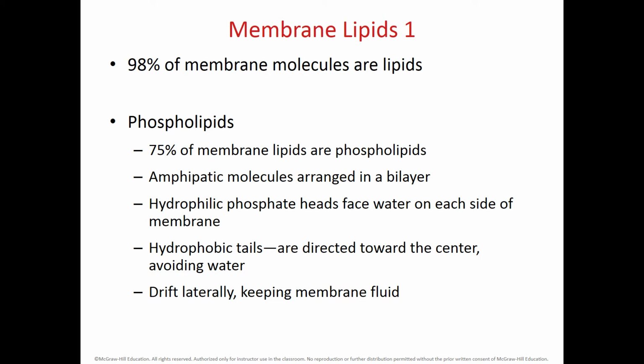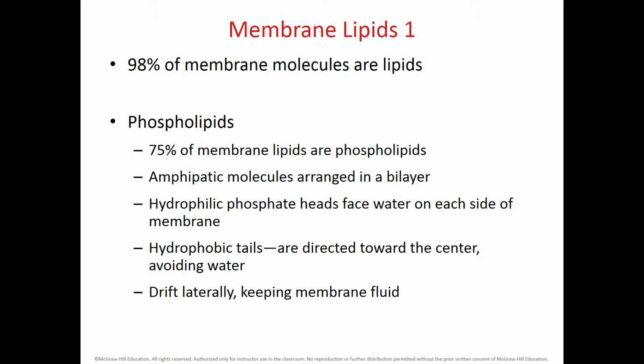These phospholipids are amphipathic, so they have a phosphate group that is hydrophilic, that can interact with water, and the tails of the phospholipids, which are the fatty acids, are hydrophobic. Hydro means water, phobos means fear, for hydrophobic. For hydrophilic, hydros means water, philic means love, so molecules that love water.